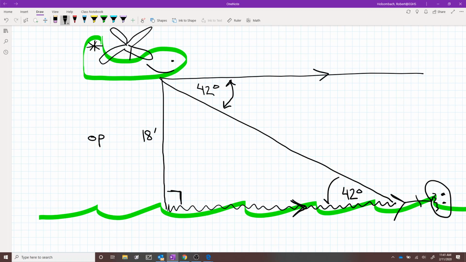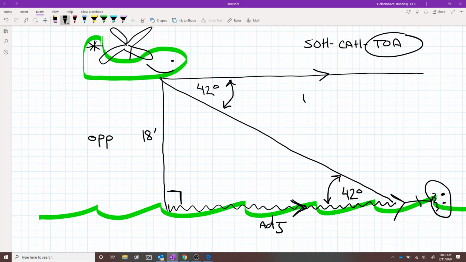These two angles are alternate interior angles by definition. So in relation to that angle, we're dealing with opposite, and we're trying to find the adjacent again. Opposite and adjacent is tangent.